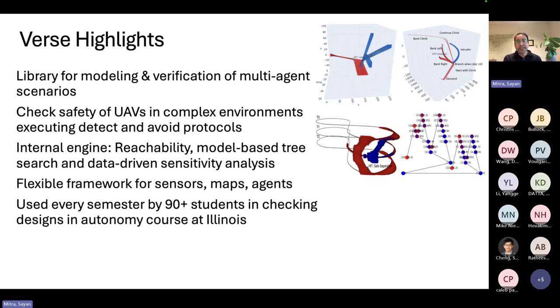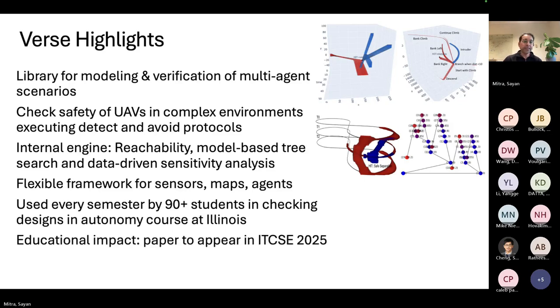I don't think there are too many other tools or libraries that are being used by undergraduate level students in such large numbers for doing this type of hybrid system verification or analysis. Right.